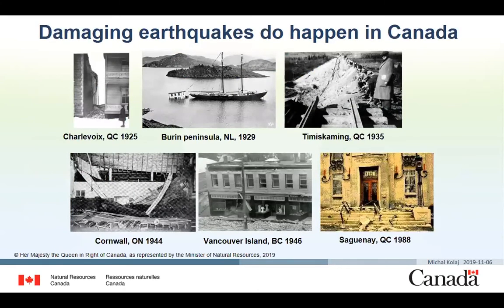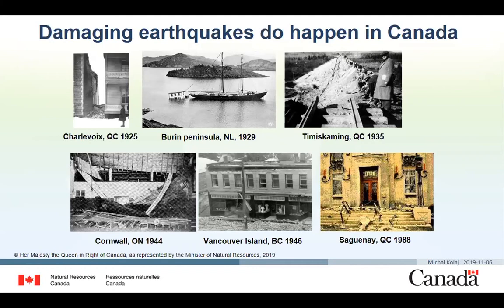So context: damaging earthquakes happen in Canada, and there are examples of damaging earthquakes in Eastern Canada. A couple of noteworthy ones would be the Charlevoix event in 1925. There's the Grand Banks event in 1929, which caused a local tsunami in the region and actually led to some deaths.